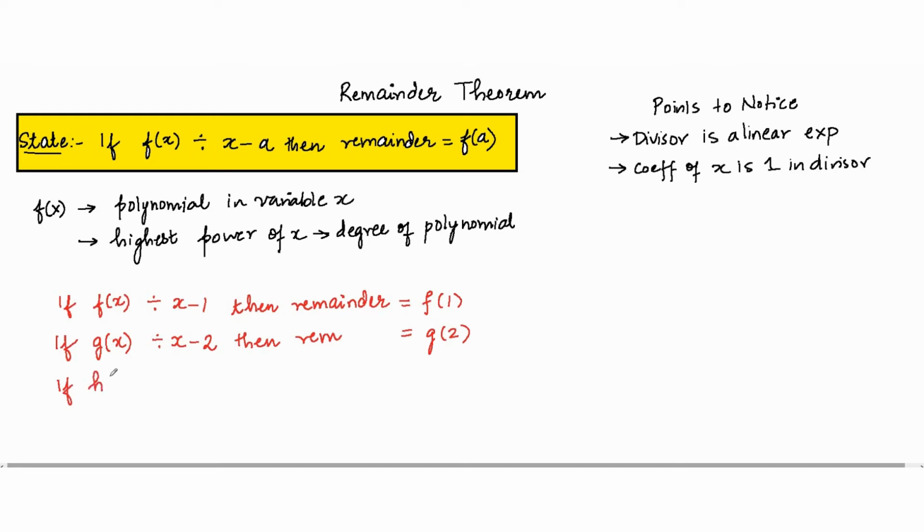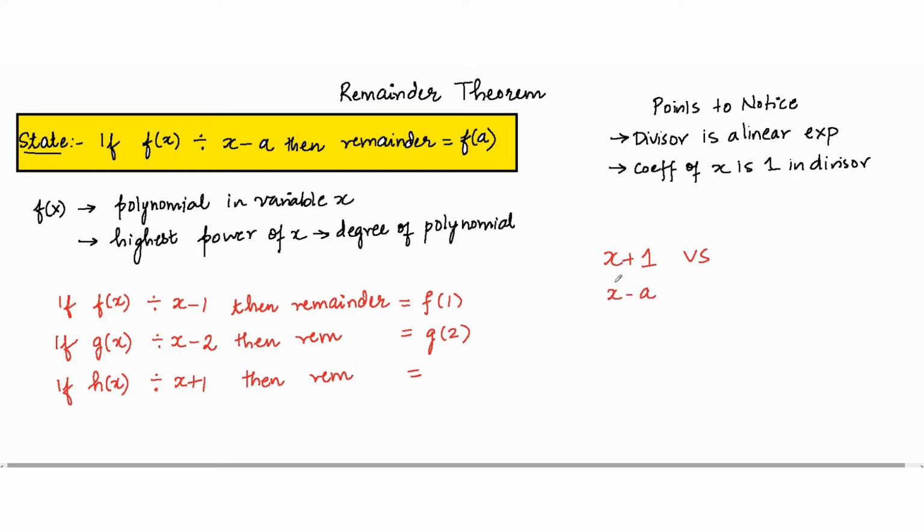Let's take another polynomial. If h of x is divided by say x plus 1, then the remainder is given by, let's compare x plus 1 versus x minus a.